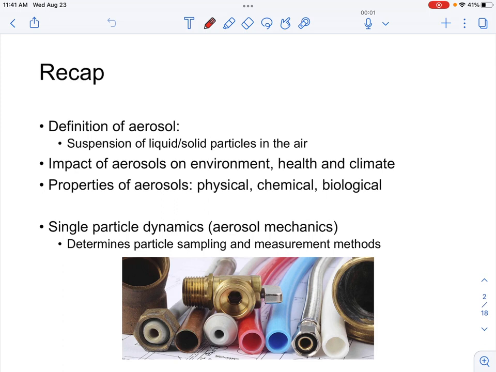And there are also pros and cons for different types of tubing, and they're related to the aerosol transport within these tubings. Okay, so after this class, you are going to get the fundamental concepts about aerosol transport or aerosol dynamics. So when we discuss these criteria or methods for particle sampling or particle measurements, you will get an understanding of what we're dealing with.